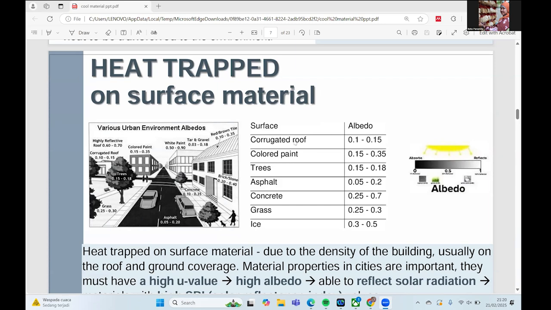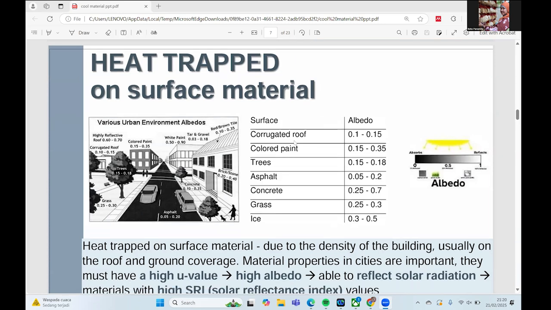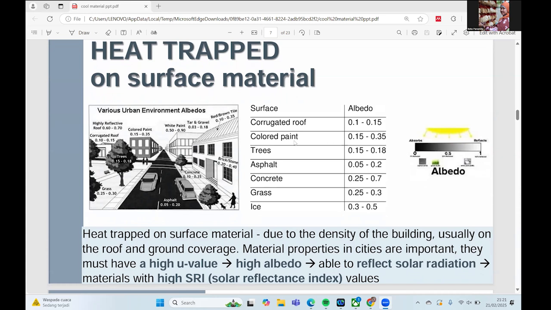When we use roof tile, we use brown or black. The red brown tile only has a U value of around 0.1, meaning they can only reflect 0.1 and they absorb 0.9 of the solar radiation.